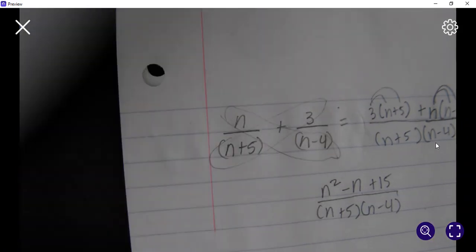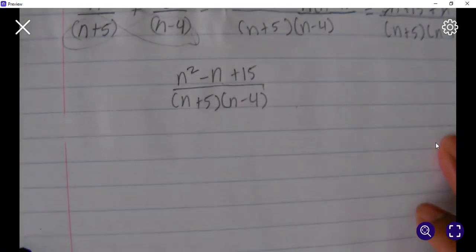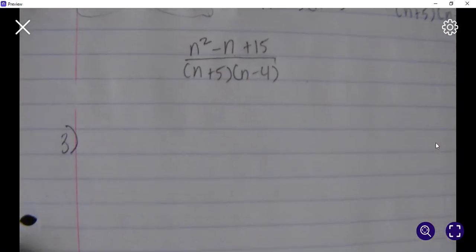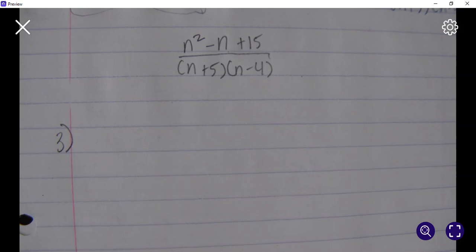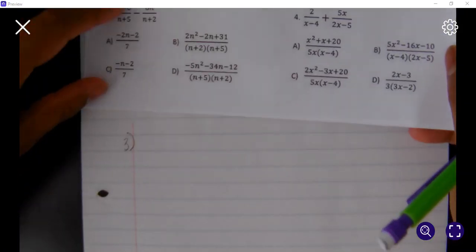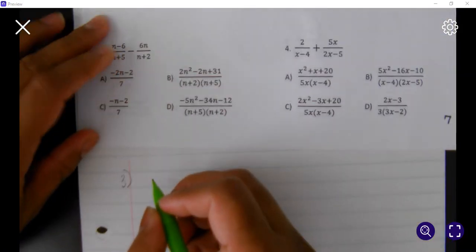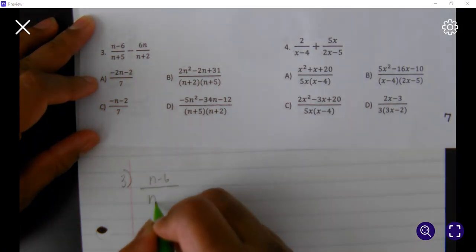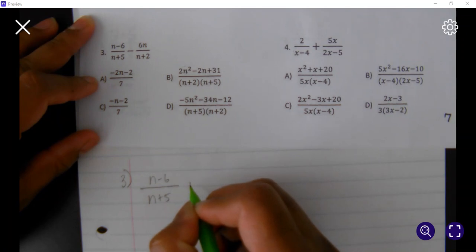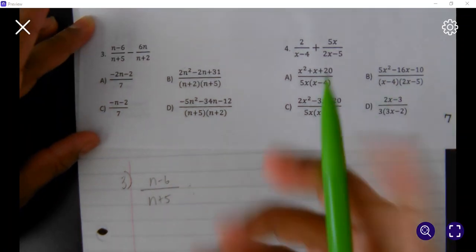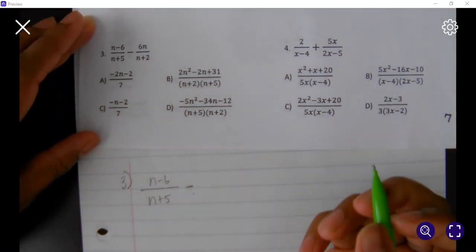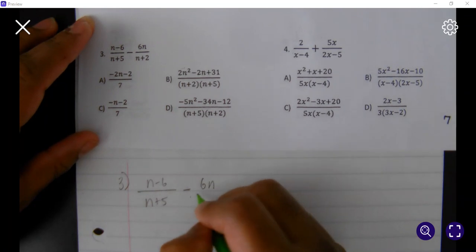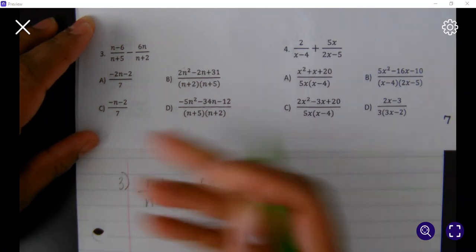Okay. All right. So that was number 2. Let's look at number 3. Okay. So you have here n minus 6 over n plus 5 minus 6n over n plus 2.